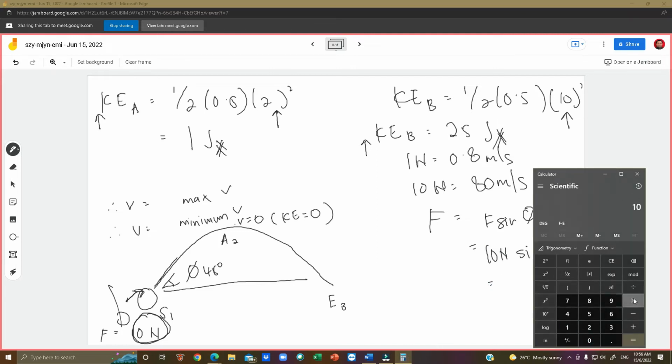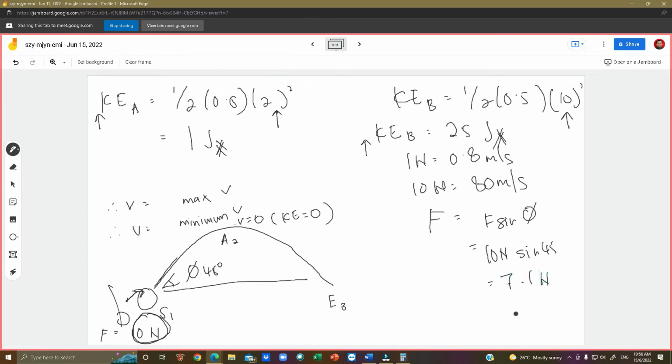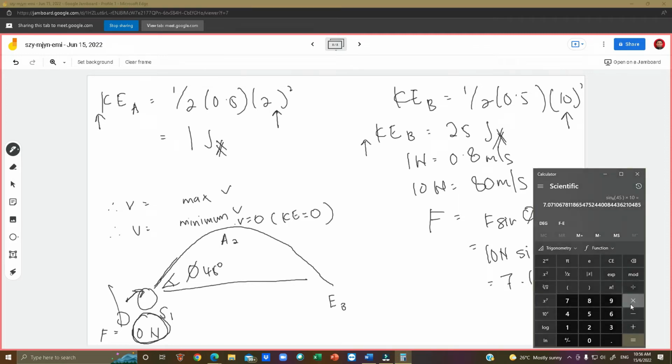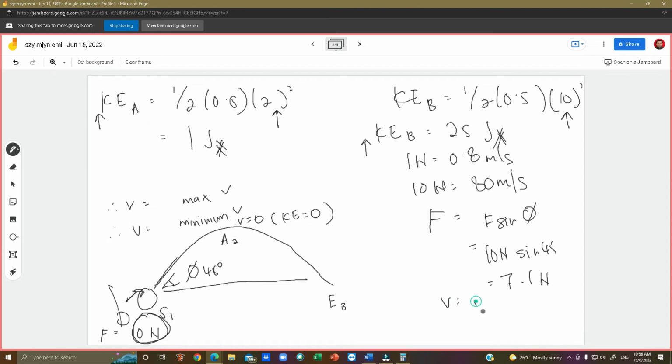So 10 times sin 45. Betul itu. 7.1 Newton. Jadi berapa laju bola? 7.1 kalikan dengan 0.8. So the ball travel at 5.7. Okay, so the velocity of the ball is 5.7 meter per second.